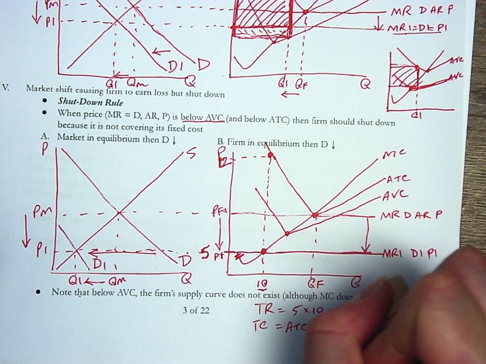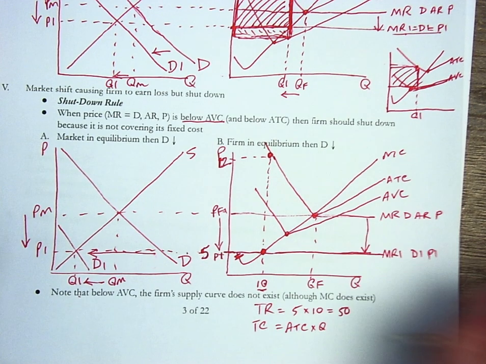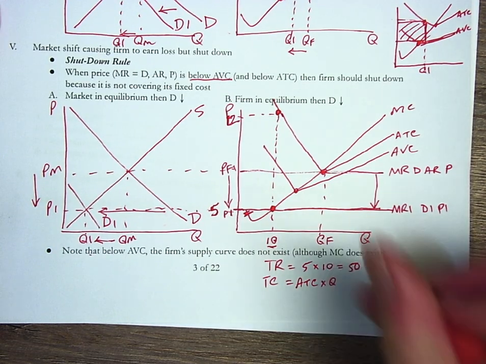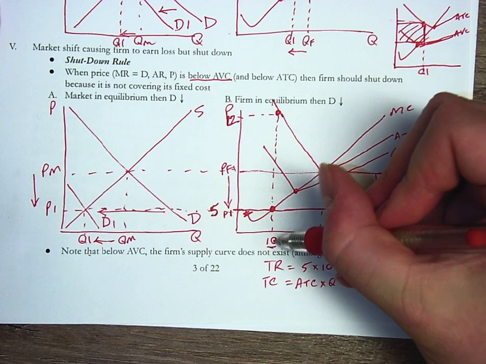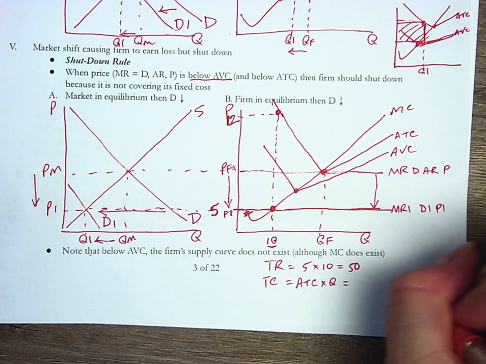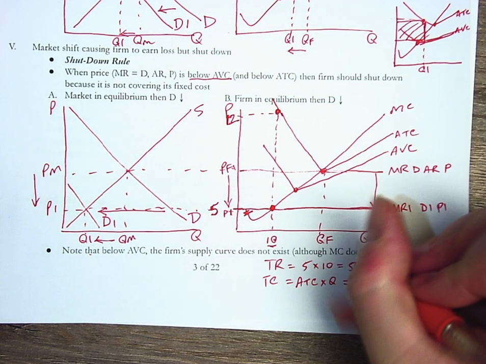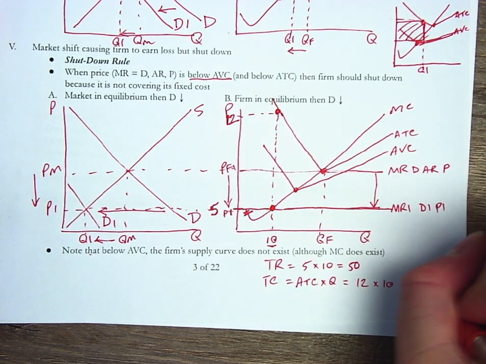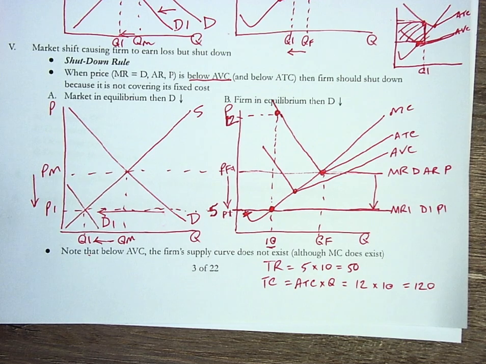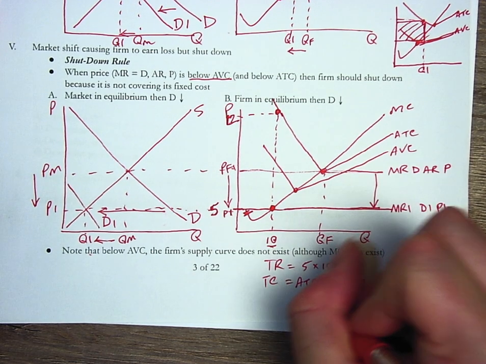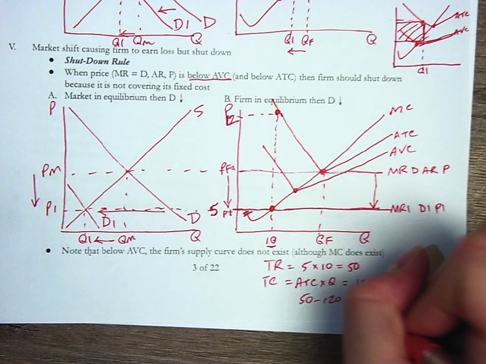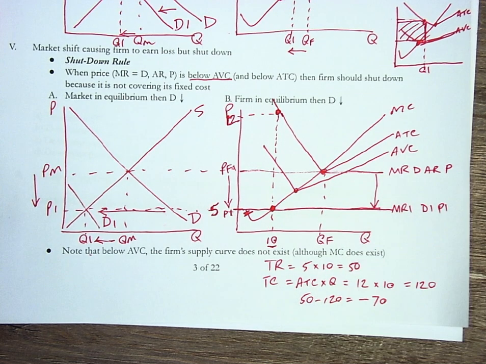Remember, ATC times the quantity tells us total cost. So at 10 is the quantity, so 10 times 12, therefore it's 120. Now that's if they operate. That's what they lose: 50 minus 120. So they lose 70 if they operate.